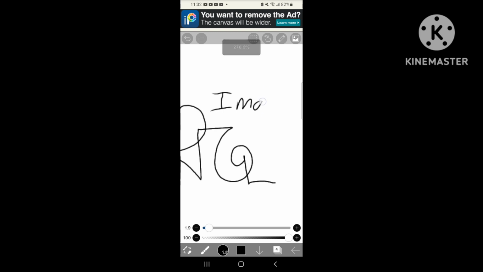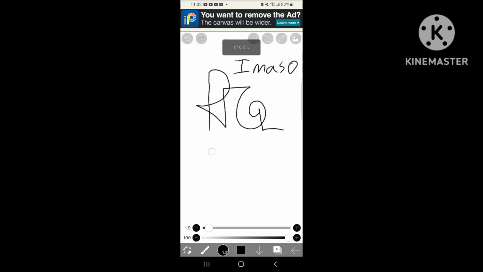So this is imaso by itself. A very fun letter to write. And if you notice, there is no back line on imaso.